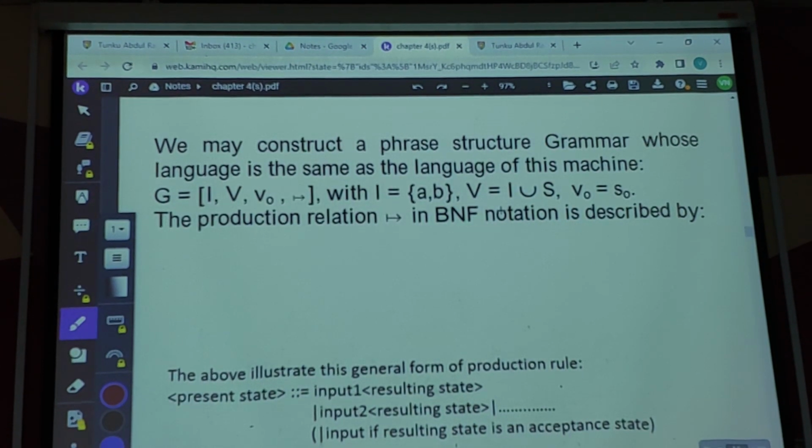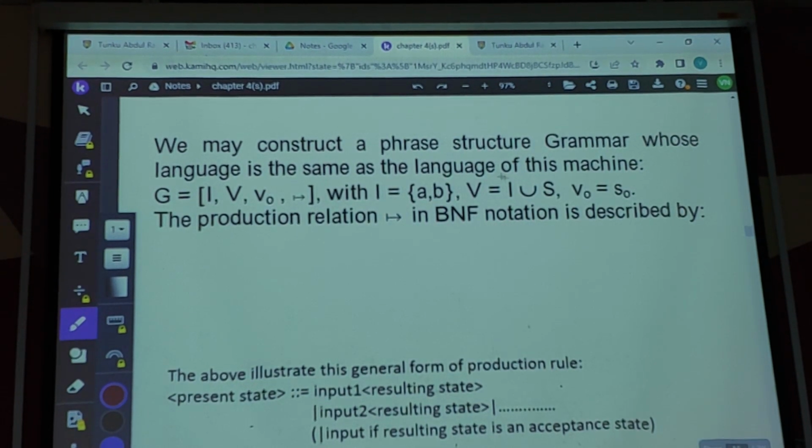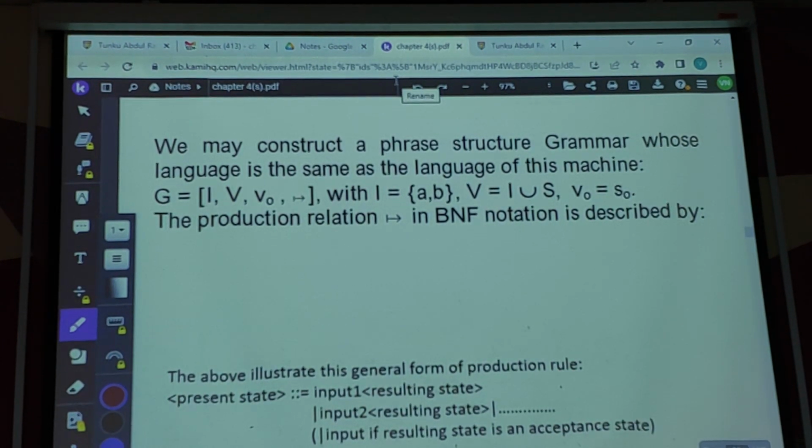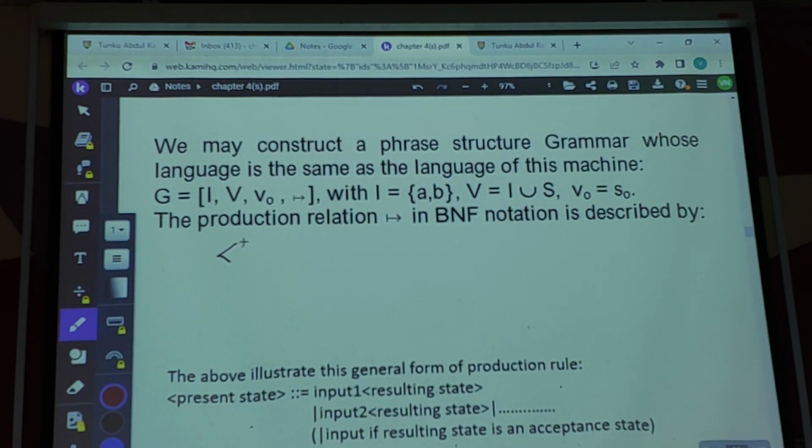V includes the terminal and the non-terminal. Now they give you the inputs A and B, meaning these are the terminals, and the non-terminal in this case is S. So all the states will be the non-terminals, and we will put all the states in brackets.